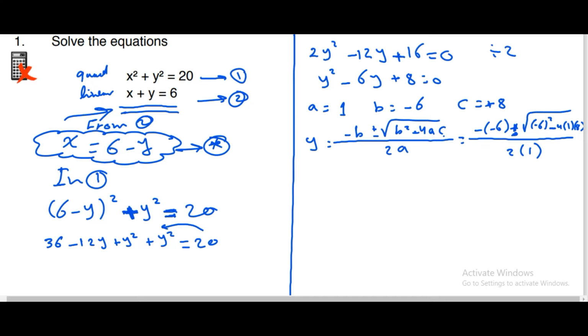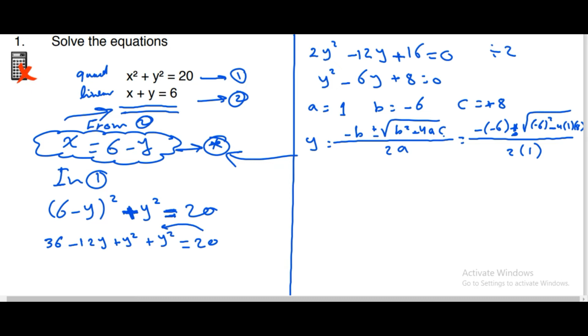By calculating on the calculator, you will find the two values of y, and then we will substitute in equation star to find the values of x.